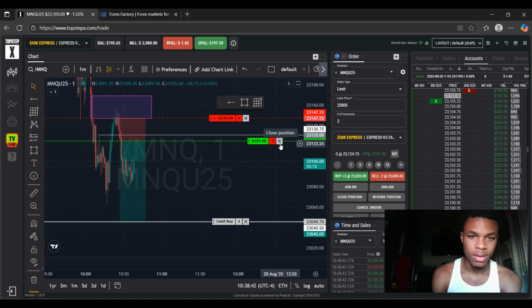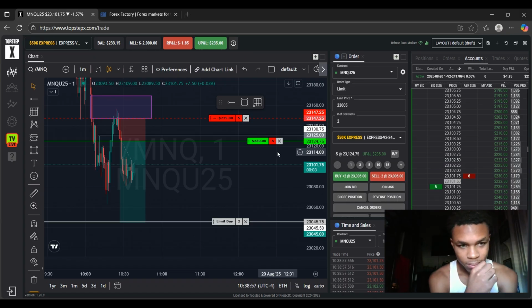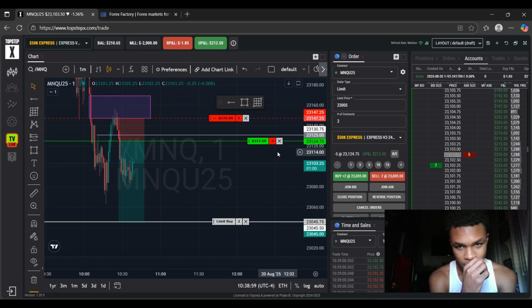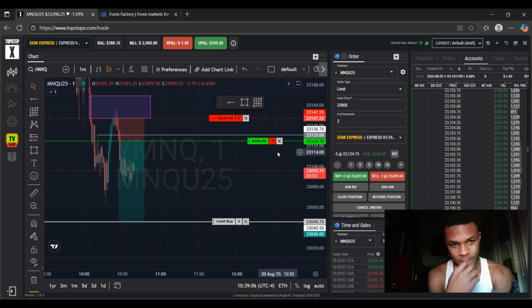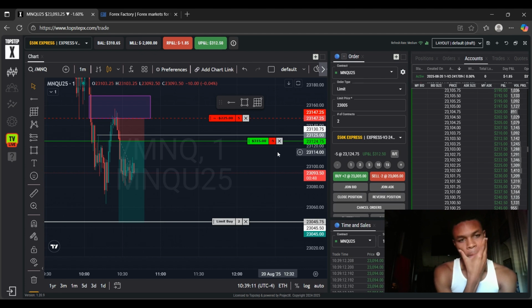Nah. I'm not gonna close it. I can't close it. That's against my trading rules. But if I keep getting consolidation, I will make an exception.